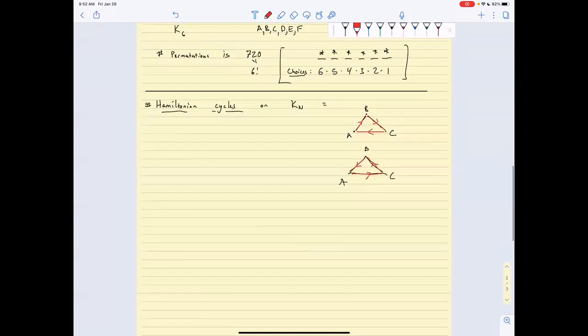However, if we go to K4, we're not a square anymore. Right? A K4 is one of these guys. I'll draw it this way.